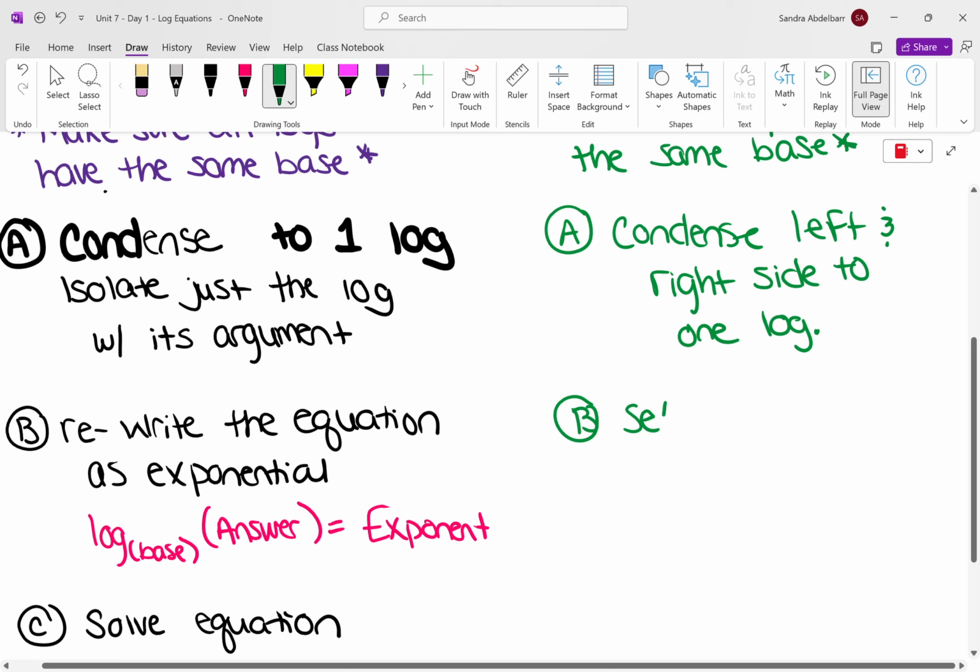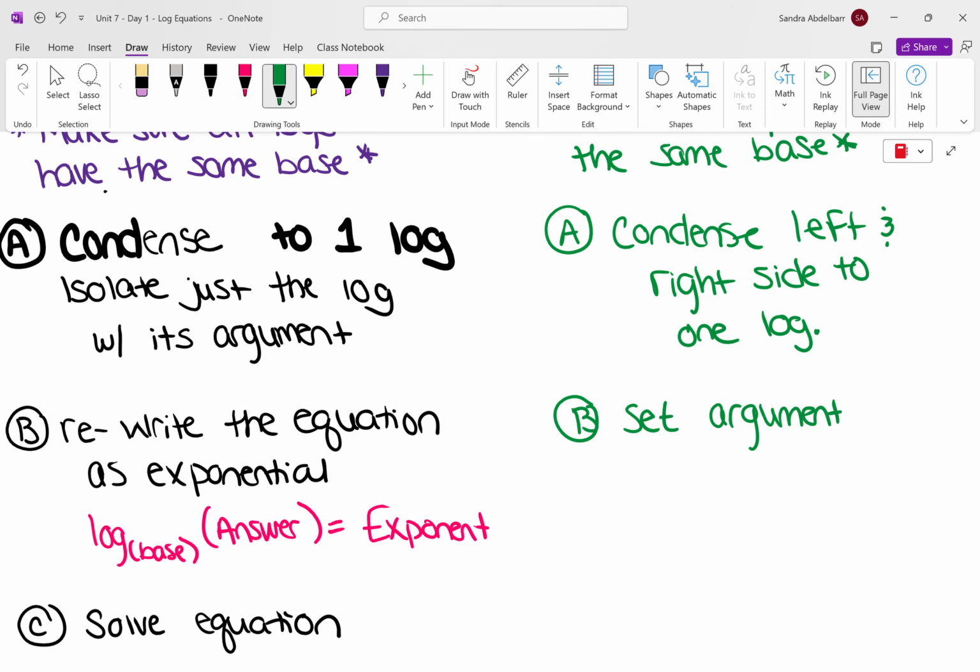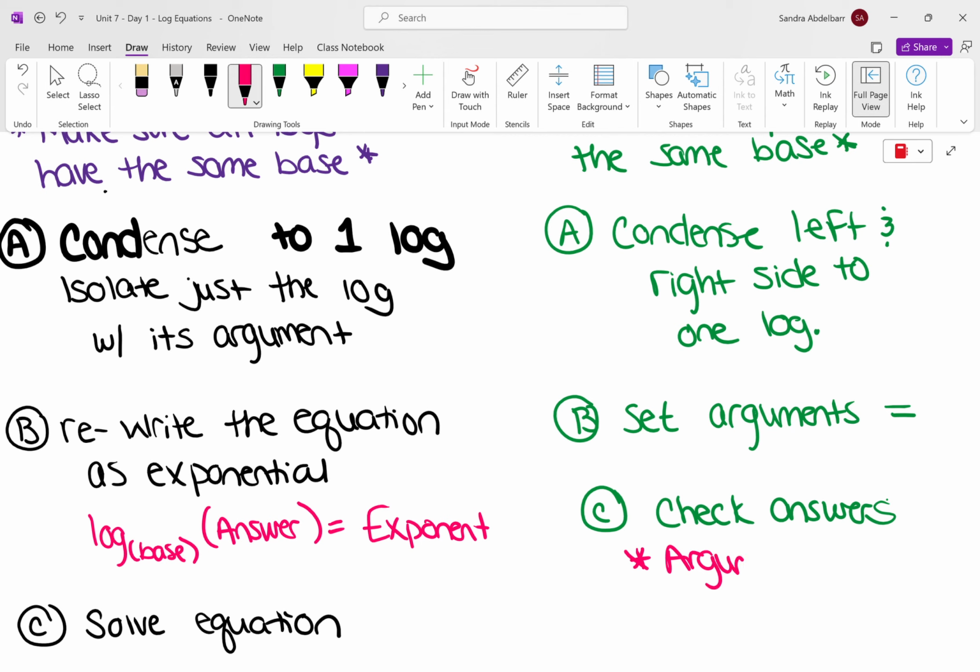Then we are going to set our arguments equal. And then we are going to check answer. And I'm going to put a star. Once again, arguments cannot be negative.